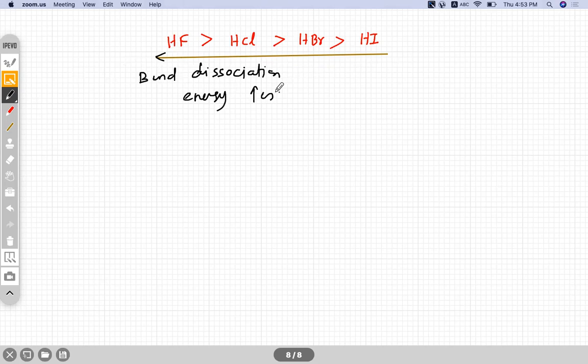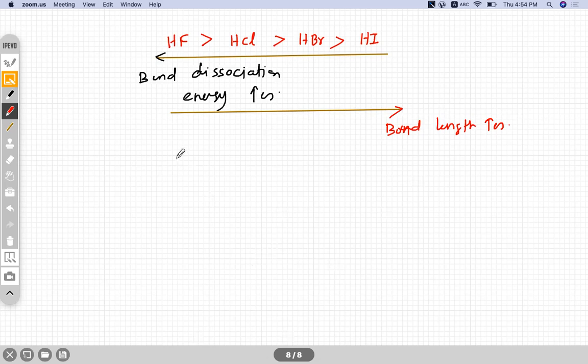If you talk about bond length from fluorine to iodine, as the size increases, bond length increases. Bond length increases.